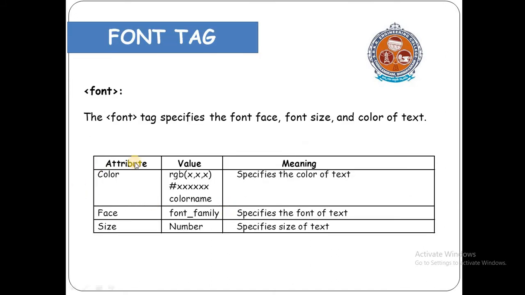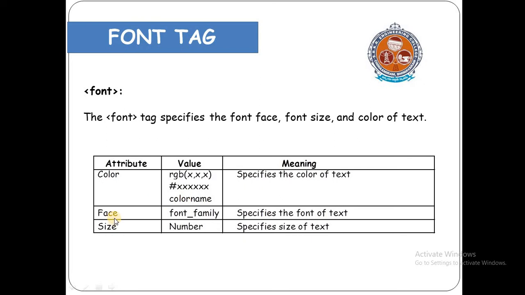So the next important tag is the font tag. If you want to change the font face, font size, and color of the text, there are simple attributes for font. Color equal to, if you give any color, it specifies the color of the text.